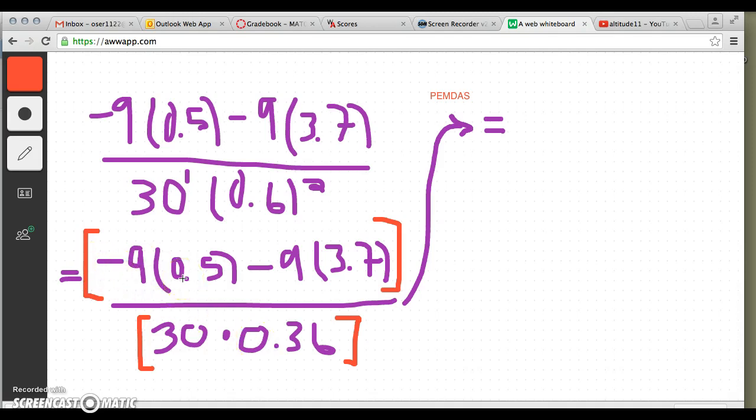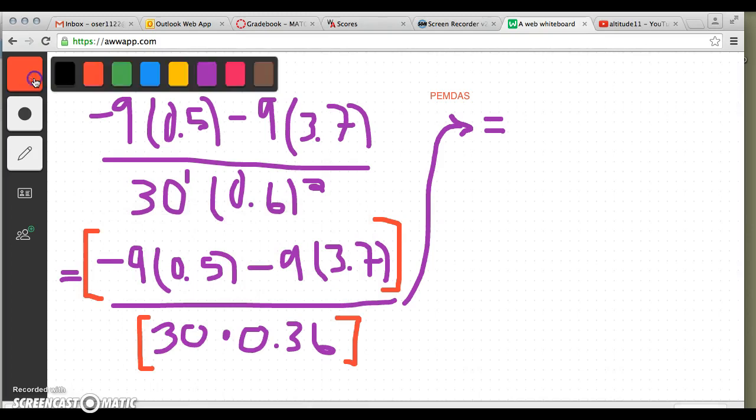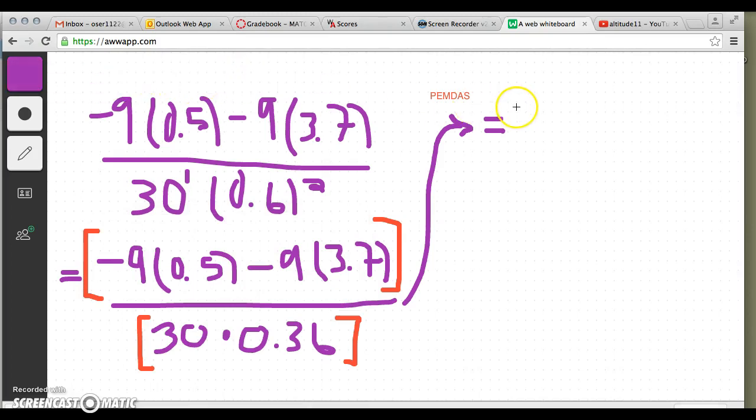-9 times 0.5. So we have -9 times 0.5, and that is equal to -4.5. So we're working on our numerator here, -4.5.